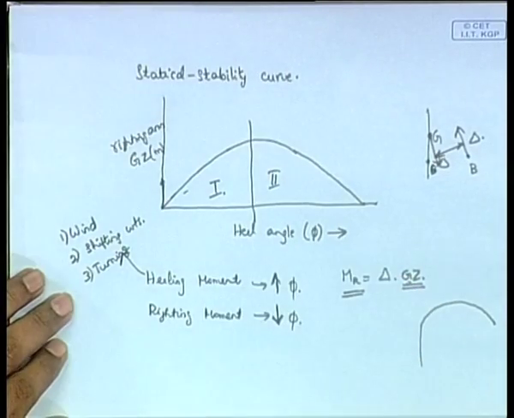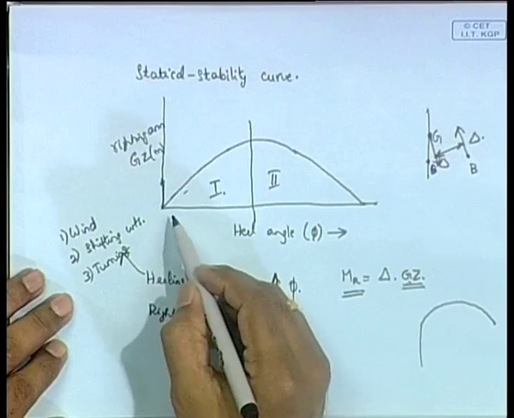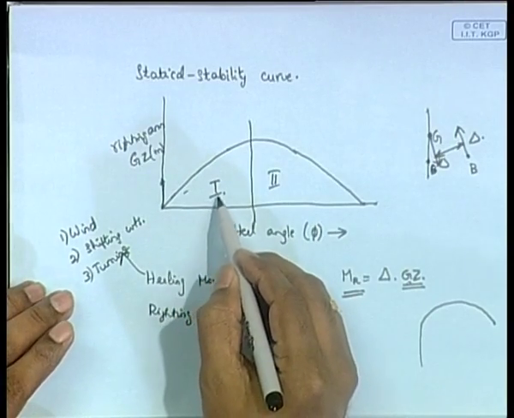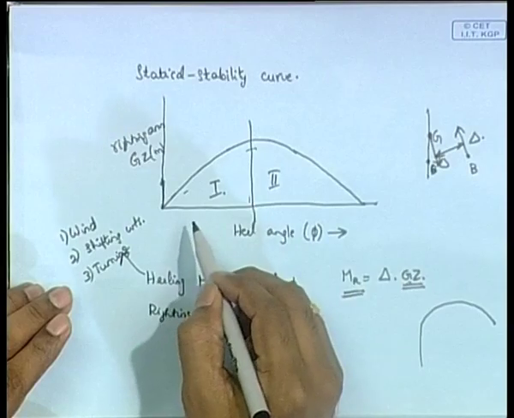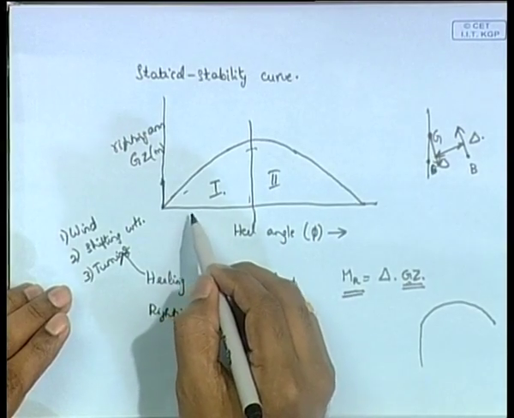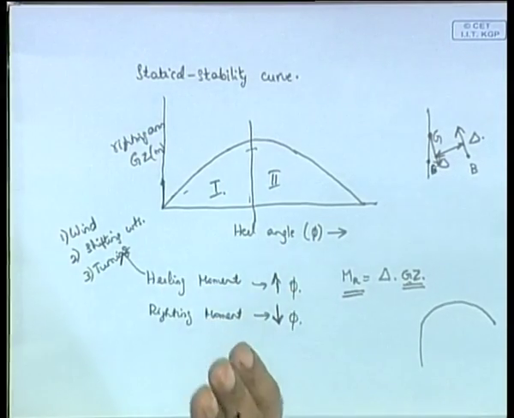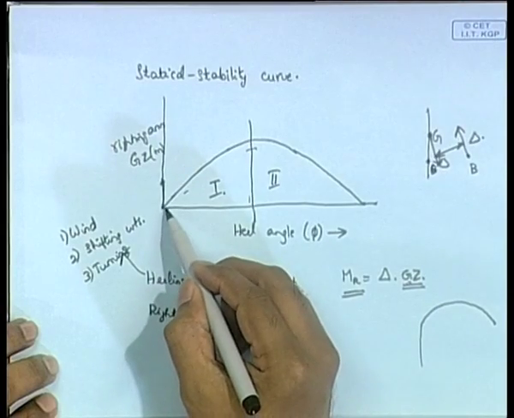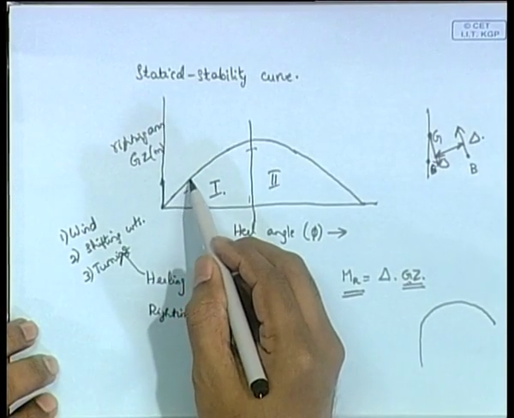So, let us go back to what I was saying. In the initial stage, in this first region, as the heeling angle keeps increasing, the wind is causing it to turn, as a result of which it keeps heeling, and the phi keeps increasing. And as the phi keeps increasing, Gz keeps increasing.